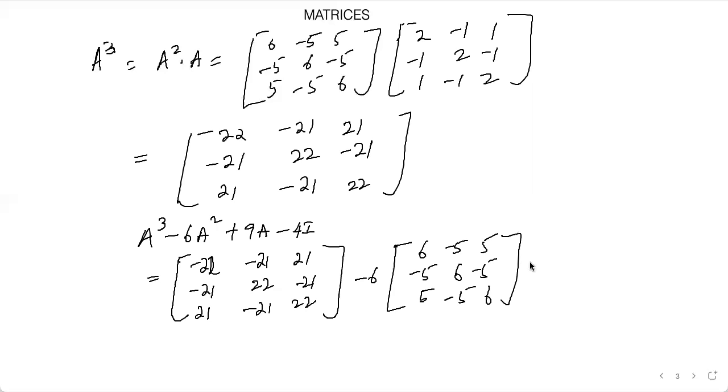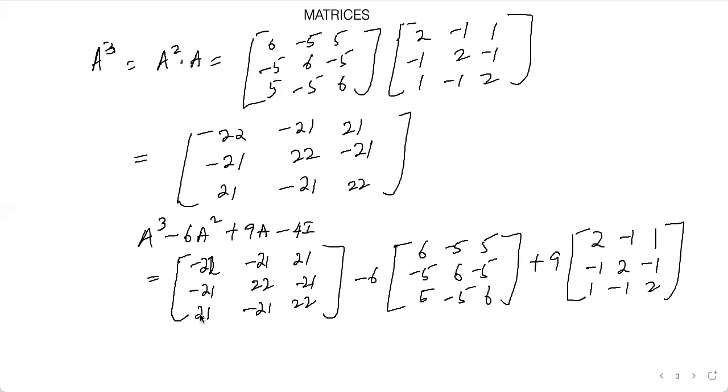So plus 9 into A, which is 2, minus 1, 1, and minus 1, 2, minus 1, and 1, minus 1, 2.